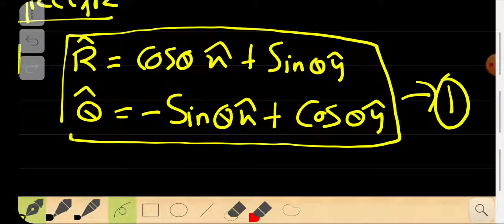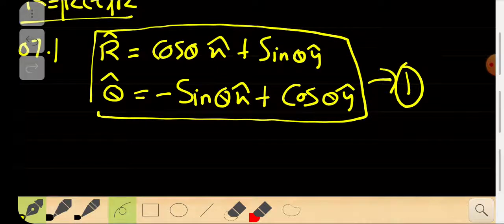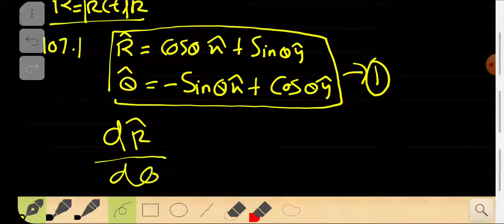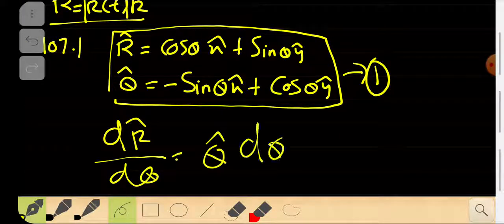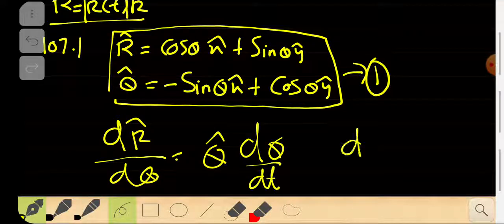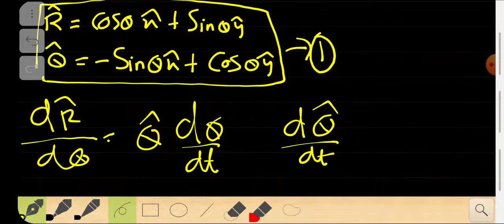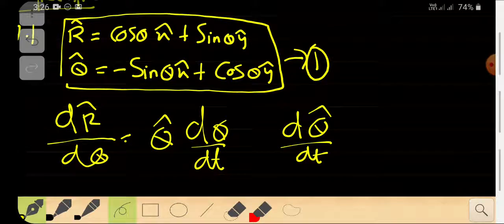We have also found out that dr cap by d theta was equal to theta cap times d theta by dt. In the first lecture we did this, and similarly we also did d theta cap by dt, which is the time rate of change of unit vectors. These vectors transform into these two forms.